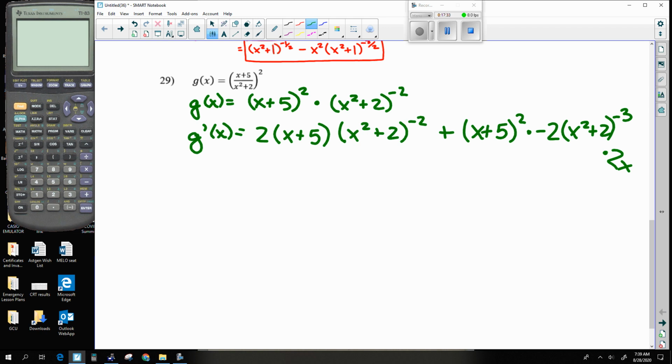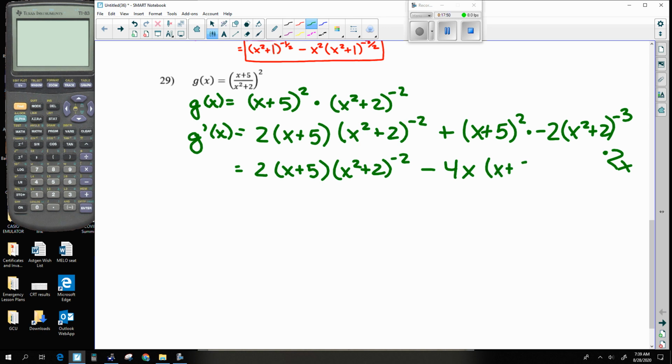There's a little bit of cleanup, I'm assuming. So this is a 2x plus 5, x squared plus 2 to the negative 2. Up front, we get a negative 4x. Those are all the coefficients.